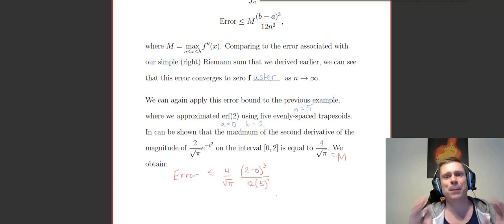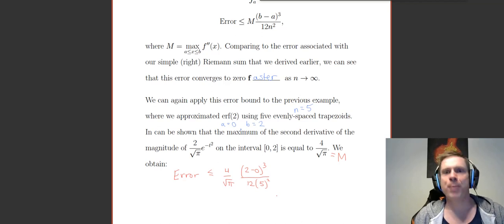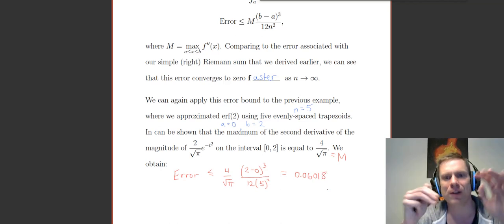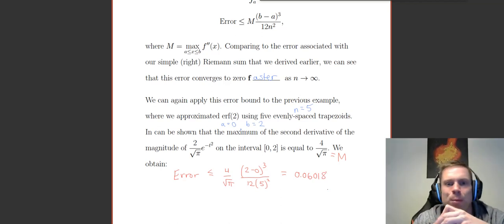This is giving us an upper bound on how bad the approximation could possibly be, supposing that you don't know the actual value. And if you work all of this out, this is 0.06018. That just gives us a rough estimate for about how bad things could possibly be.